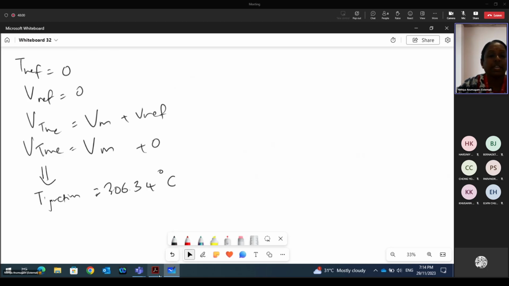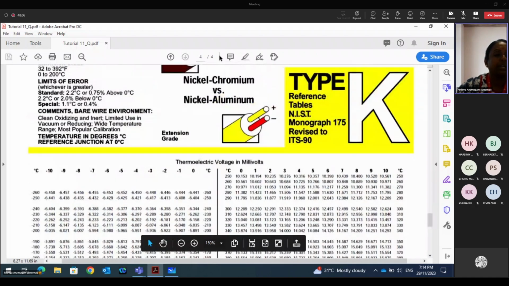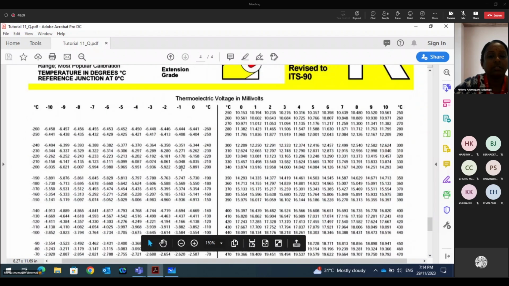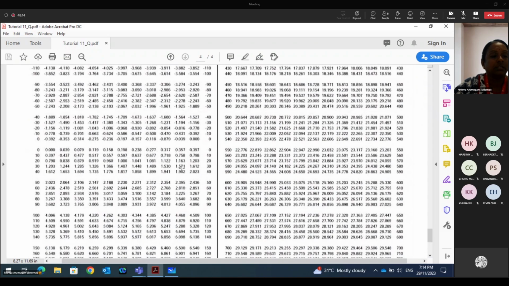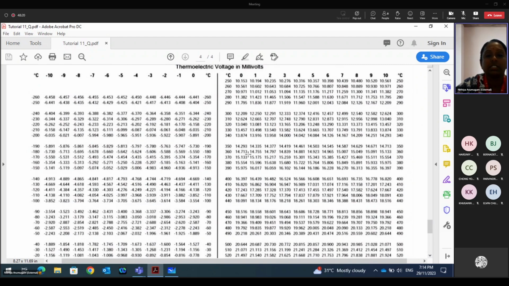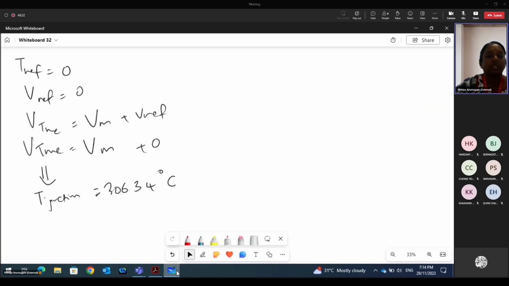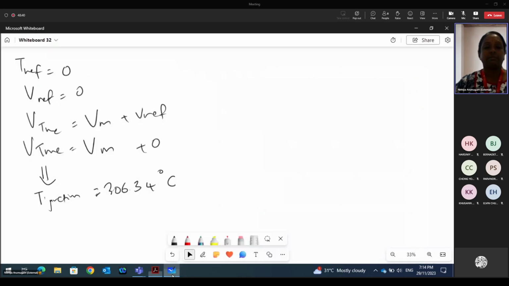So this is about the K-type thermocouple. Go to the K-type thermocouple table, at 306 and 307. Our value is 306.34, so it falls between 12.457 milliwatt and 12.499 milliwatt.